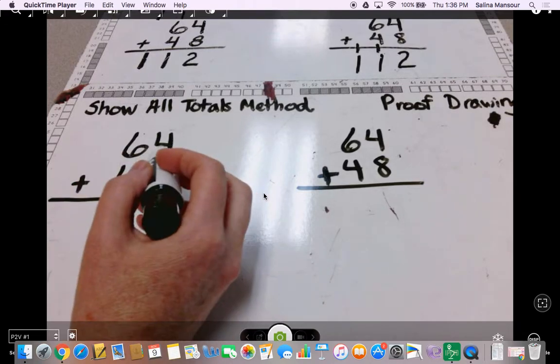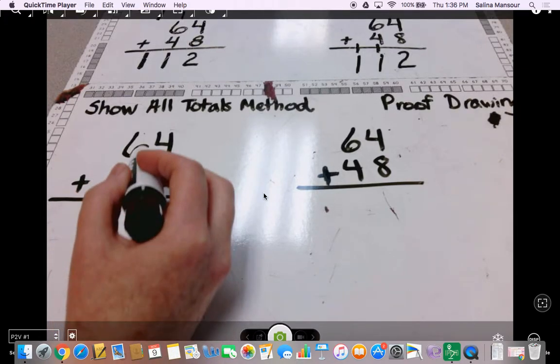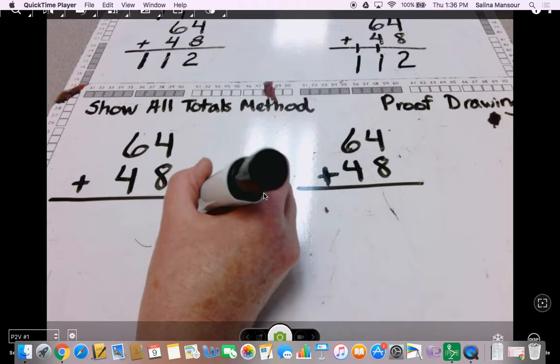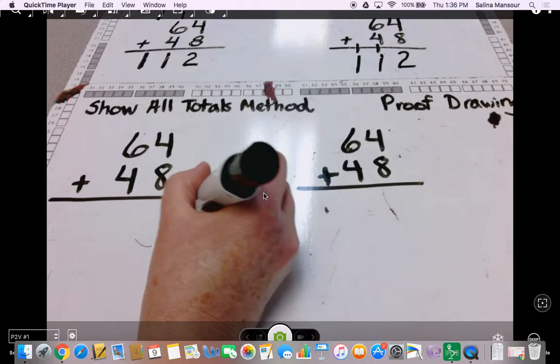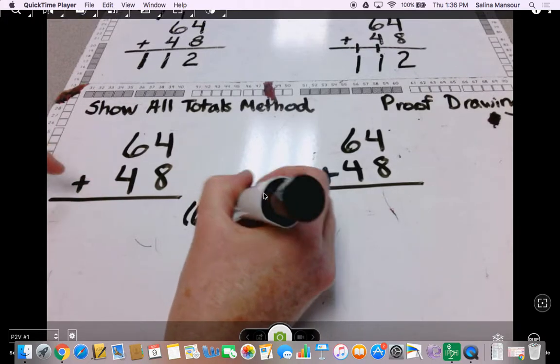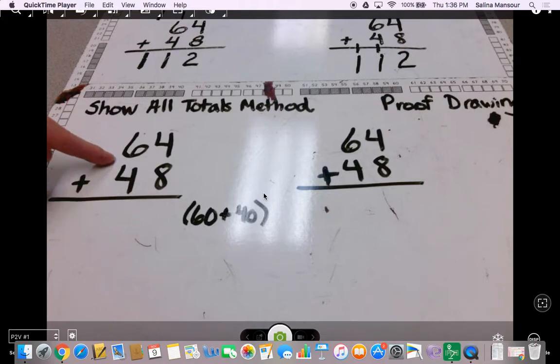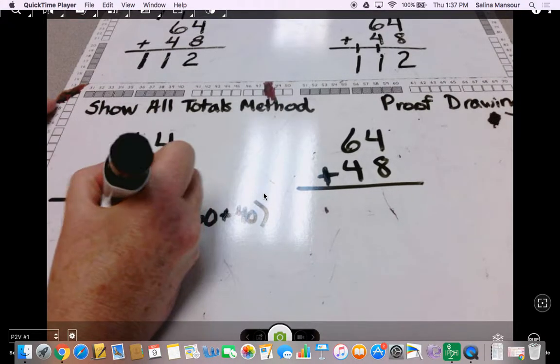So instead of starting with our ones, we're starting with our tens. So with the all totals method, we're thinking not 6 plus 4, but 60 plus 40. Because 6 tens is 60, 4 tens is 40. 60 plus 40 is 100.